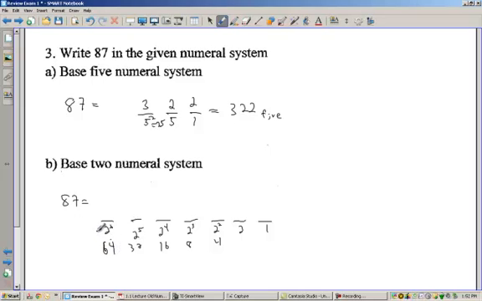And then 2 to the 7th will be too big. It'll be 128, and we don't need 128 because 87 is smaller.